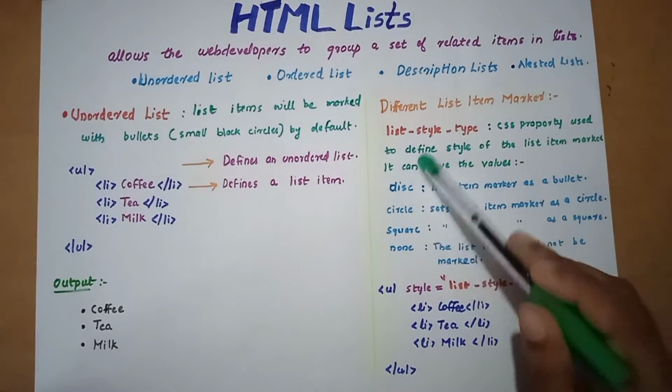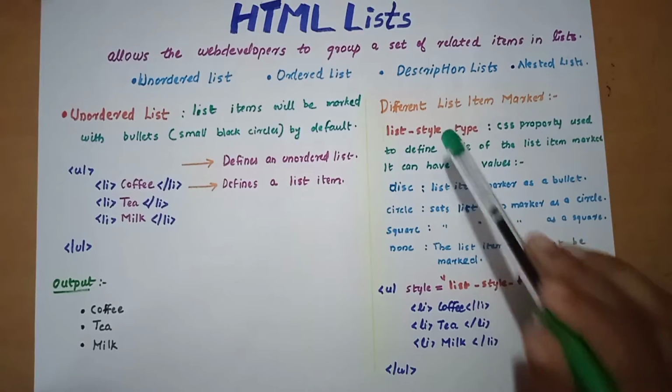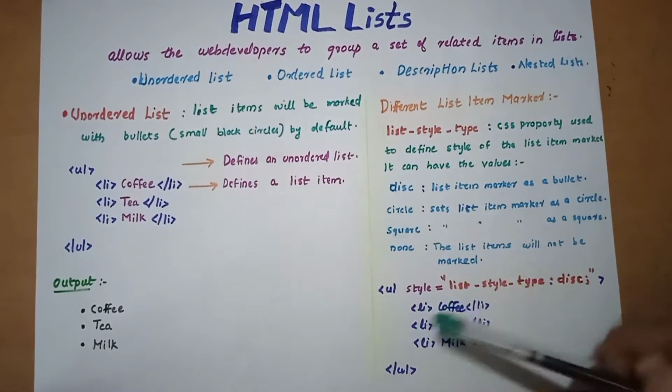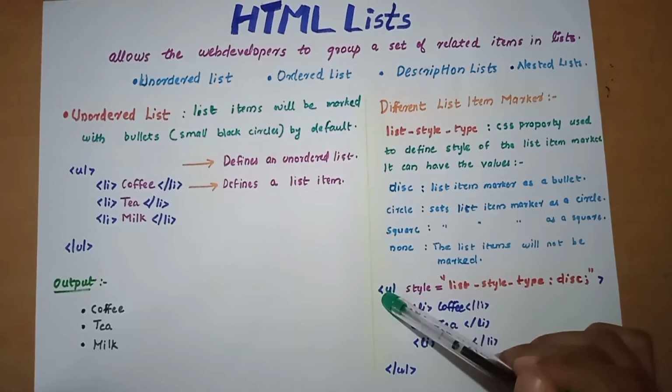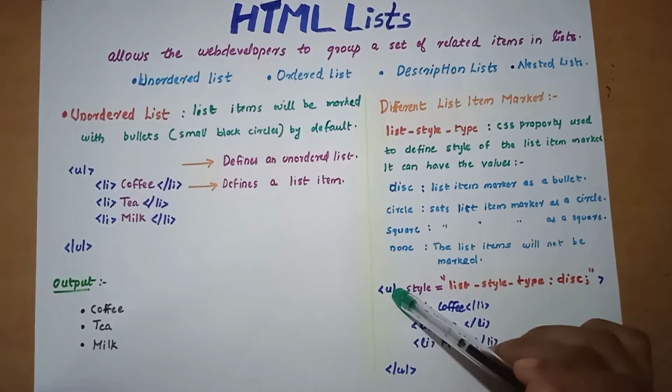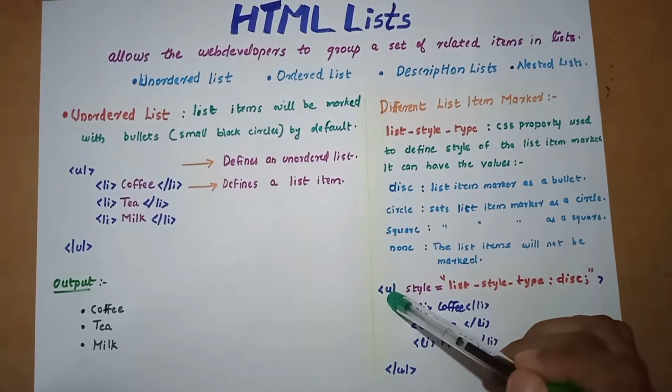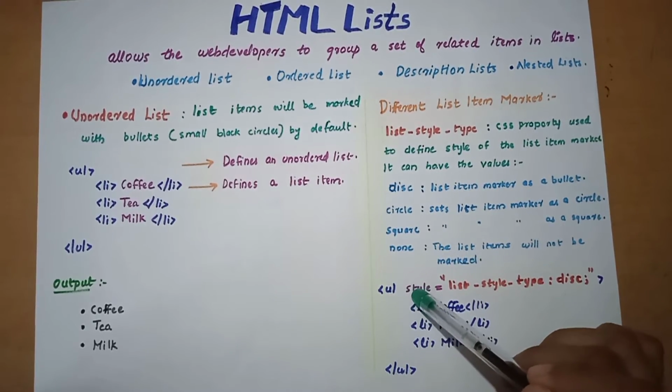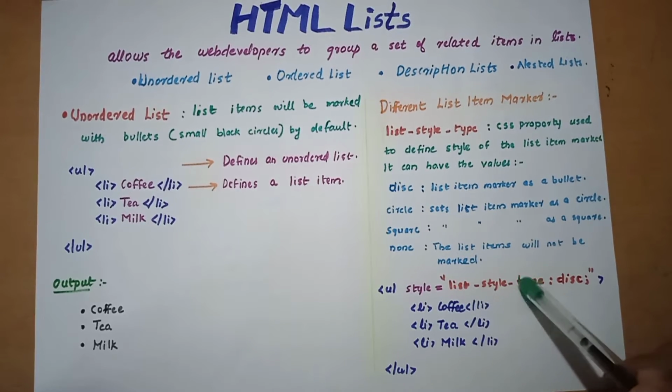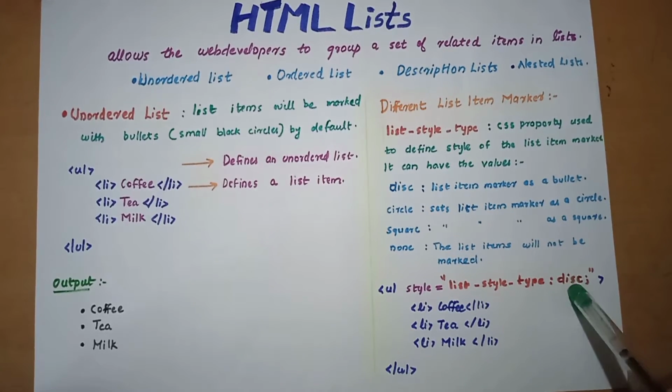Okay, so let's see how we will include these things in our basic code that's here. That means here we opened our unordered list, and we add a style of list-style-type with the value disc.